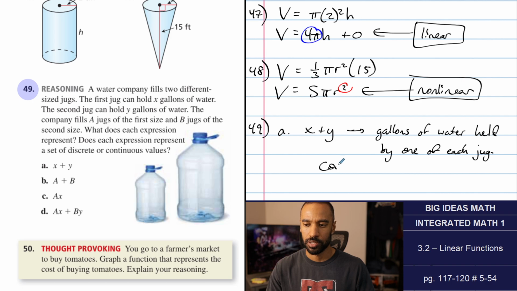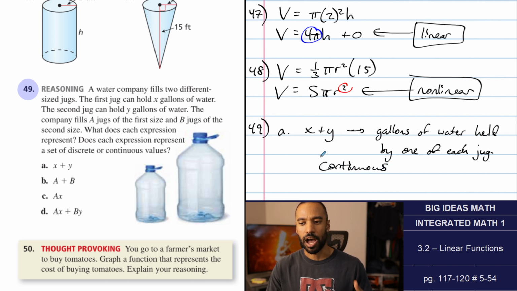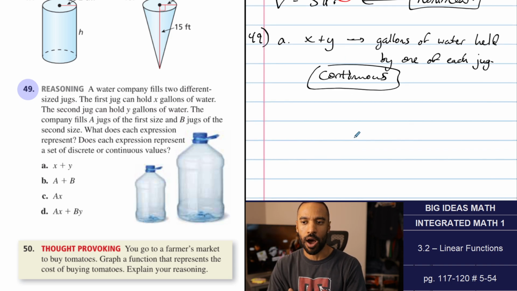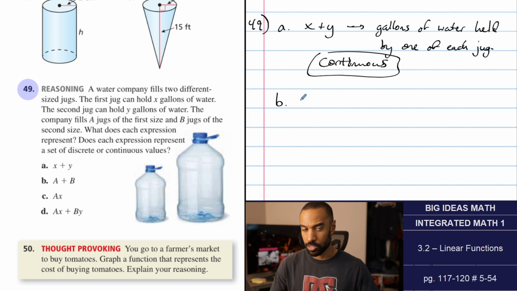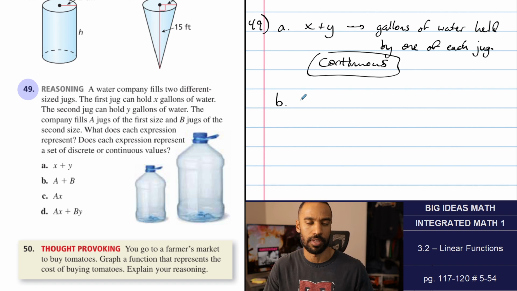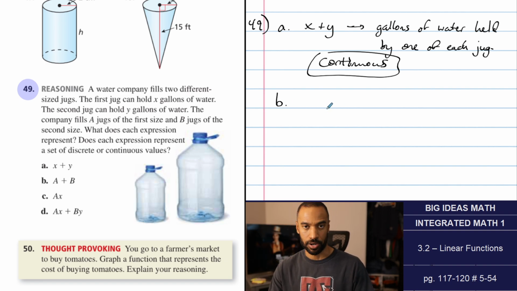That is continuous in that, you know, there's like a constant flow of how much water you can put in versus not. We're talking about gallons. Gallons is continuous when we're talking about fluidity of this. So anything that's going to involve water in that way is continuous because of however much you're holding.